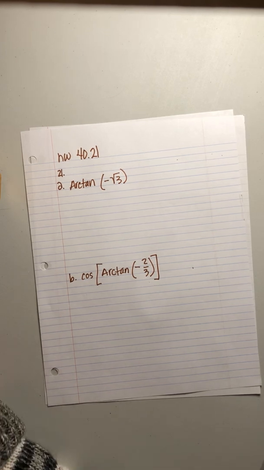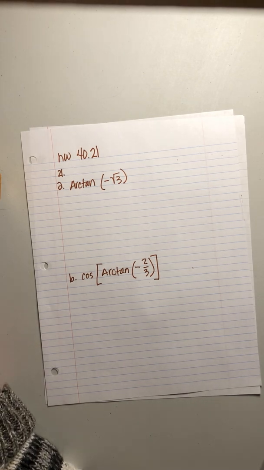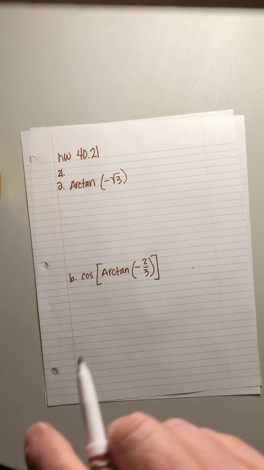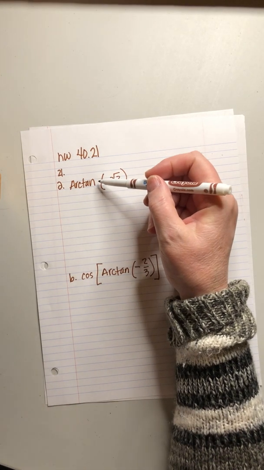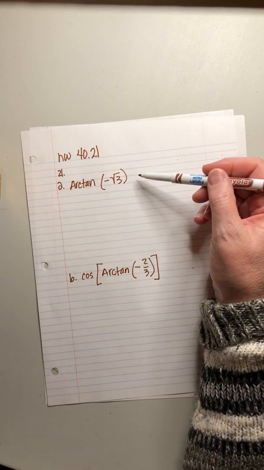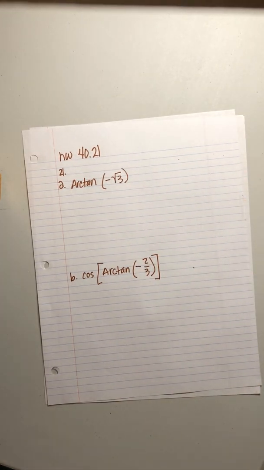40.21. All right. So we have to try to figure out what triangle this would be. Maybe we're going to just make up a triangle and use it like we did in those other problems where we use Pythagorean.